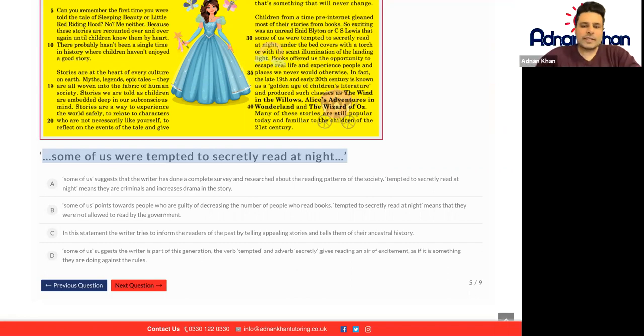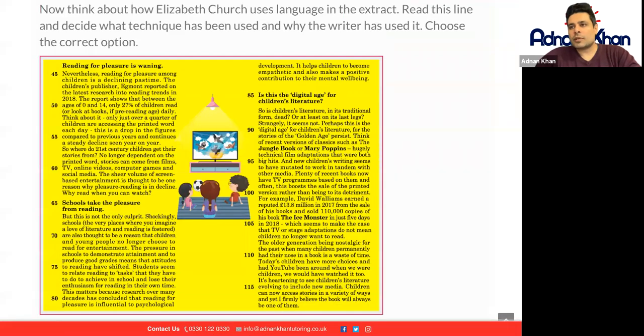So I would go for D as well, because some of us suggests that the writer is part of this generation. And the keyword tempted there, and the adverb secretly, gives reading an air of excitement as if it is something that they are doing against the rules. So I would actually go for that as well, because that's the closest answer that we can find in this particular text for the language technique. So well done, Elena. Thank you.